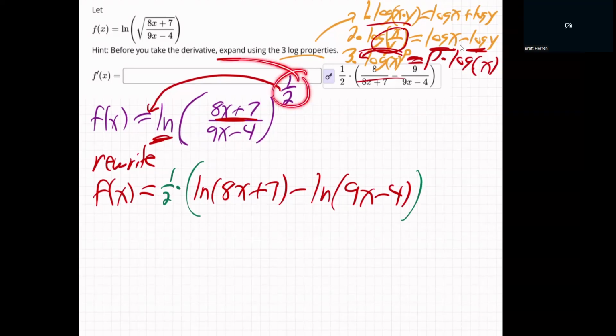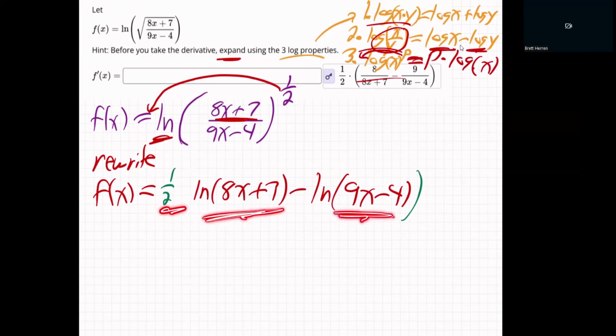So again, the powers can come down to the front. That's the third log property. And then these are divided. You can make that two logs subtracted, but they each have to have their own set of parentheses. And what if you left this half off and just had it like that? That would mean the half is only multiplied by this first log. It's not multiplied by the second. And that's wrong.